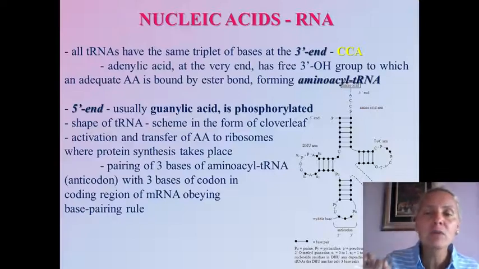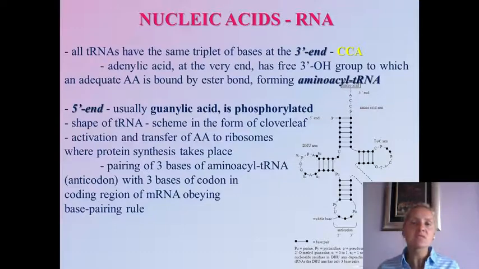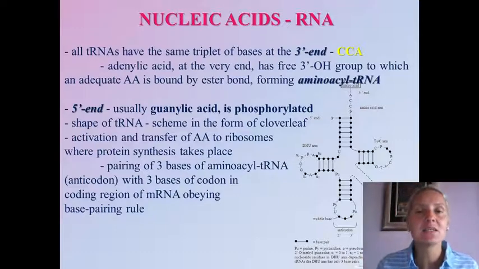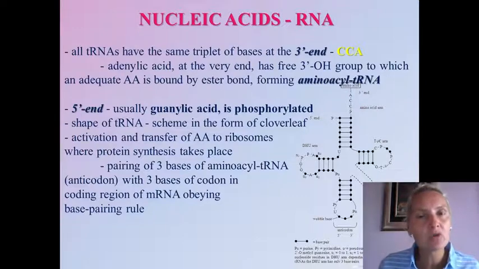At the 3' end, all tRNAs have the sequence CCA, where adenylic acid, or adenylate, is the last nucleotide with the free OH group at the 3' position, which is ready to react with the carboxyl group of an amino acid, thus forming an ester bond, activating the amino acid and getting it ready for protein synthesis, forming a so-called aminoacyl-tRNA. On the other side of the chain, at the 5' end, guanylic acid, or guanylate, is usually found, and it's usually phosphorylated.